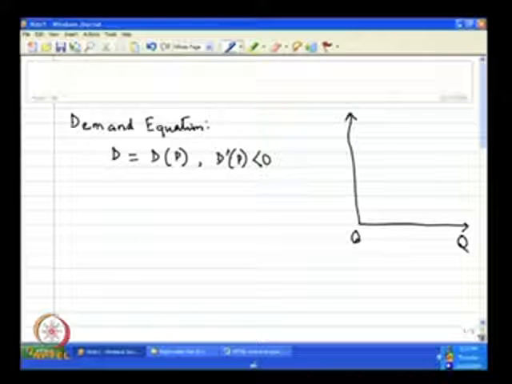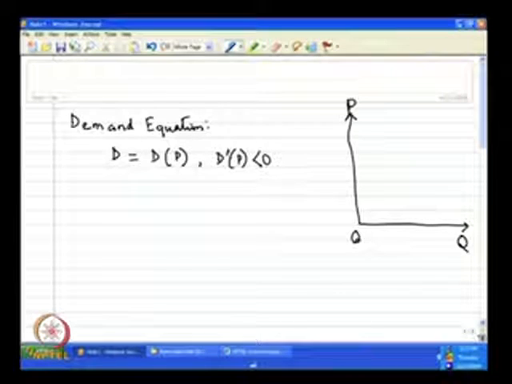So this is represented by Q for quantity. And along the vertical axis, we are representing the price in the market. Mind you, price is the independent variable here. Though in general, in mathematics, we represent the independent variable along the horizontal axis, here it is convention in economics that price is represented along the vertical axis.